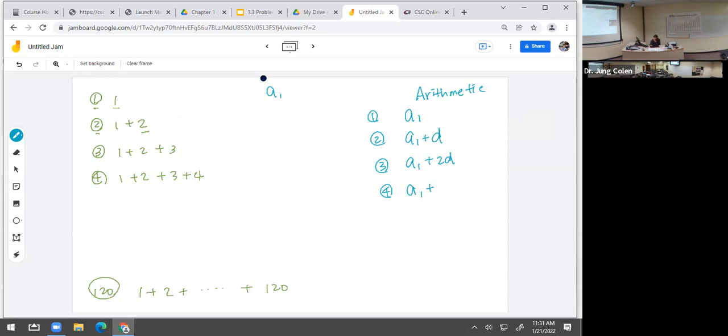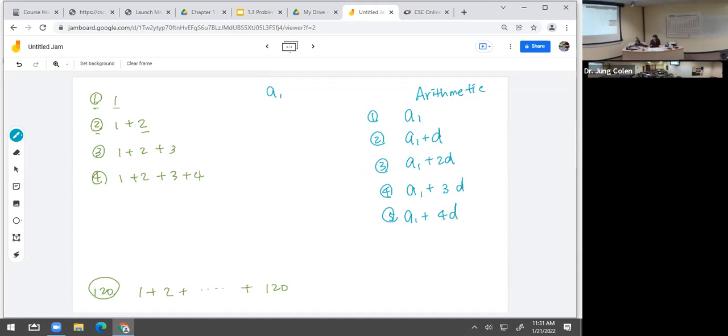What do I get? 3D, right? Because I have 2D plus D, which is 3D. The next term will be the first term plus 3D plus another D, that makes 4D, right?